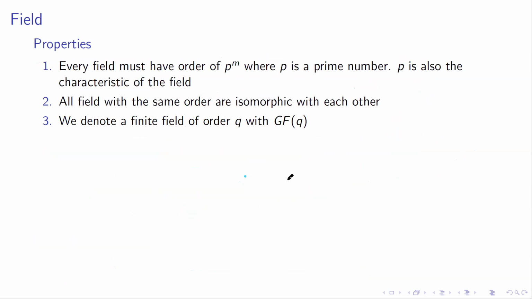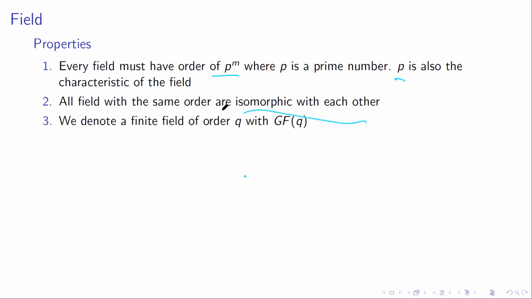Some properties of a field. Every finite field must have order of a prime power. The characteristic of the field is the prime P. And all fields with the same order are isomorphic to each other.